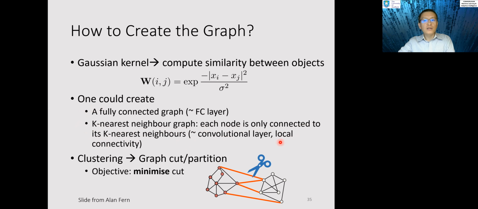And then in this formulation, our clustering becomes a graph cut or graph partition problem. The clustering becomes how to cut the graph into two or more parts. And the objective is to minimize the cut, meaning how many links we have to cut in order to partition the graph.